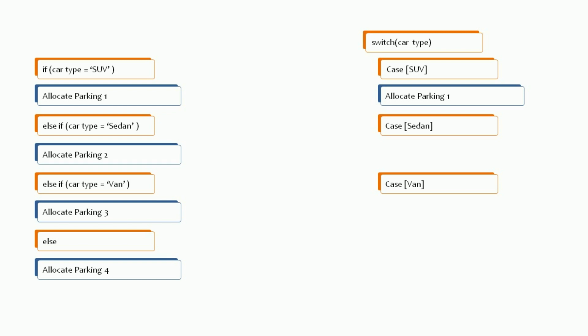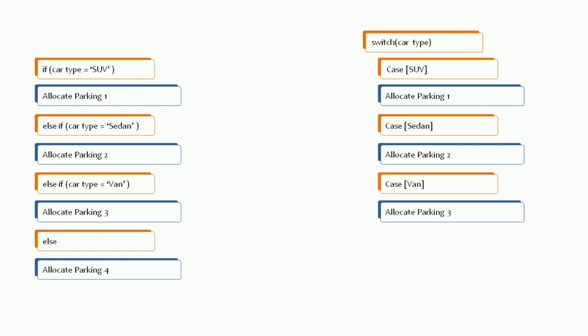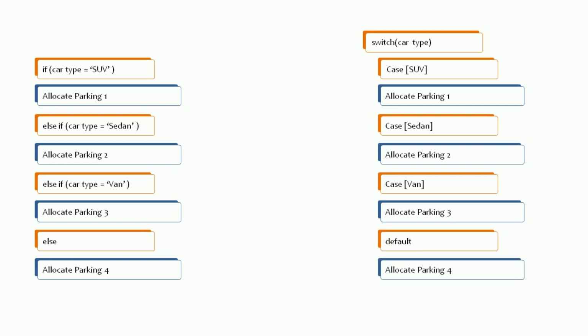If it matches with sedan, you send it to parking 2. If the car type is van, then parking space 3 will be allocated. When none of these cases are satisfied, then a default statement will be executed, that is, default allocate parking lot 4.